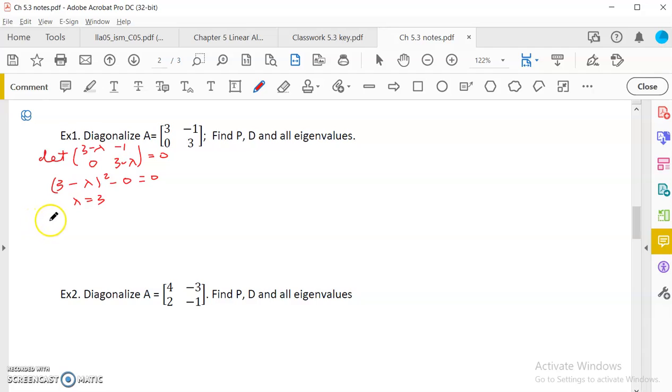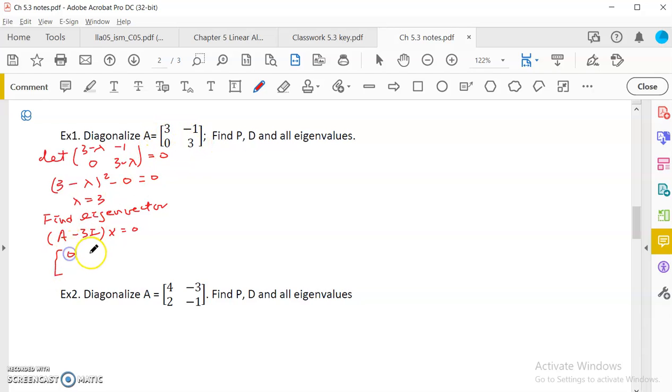So what's the eigenvector then? To find the eigenvector, we have to solve the equation (A minus 3I)x equal to 0 for the vector x. That means all the diagonal entries minus 3.